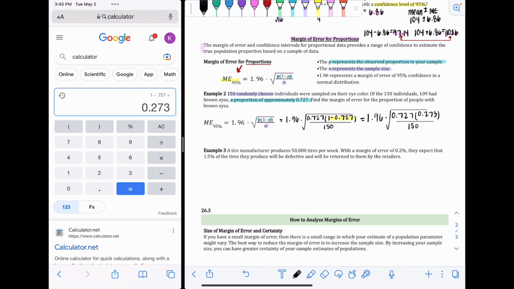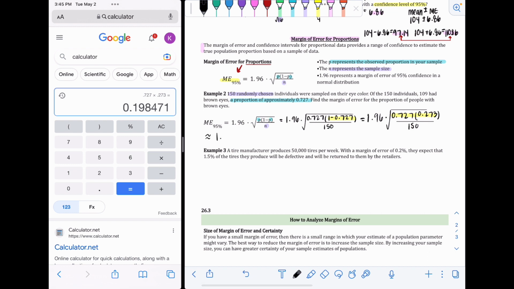Next we'll multiply the numbers in the numerator of the radical together. So it'll be 0.727 times 0.273. I'm going to round from this point, so I'm going to change this to an approximately.